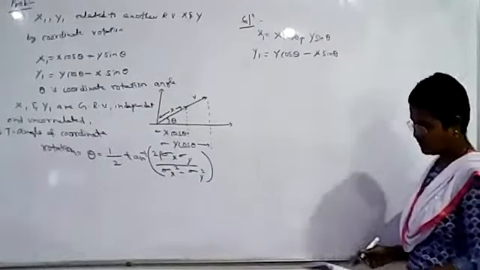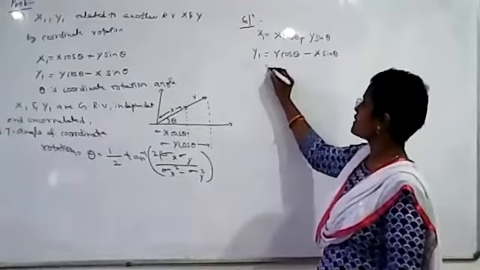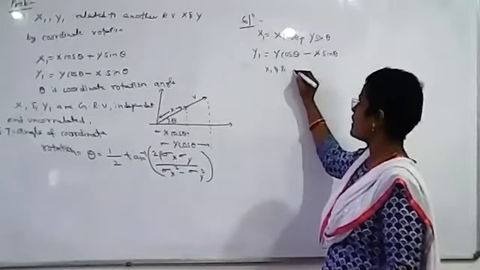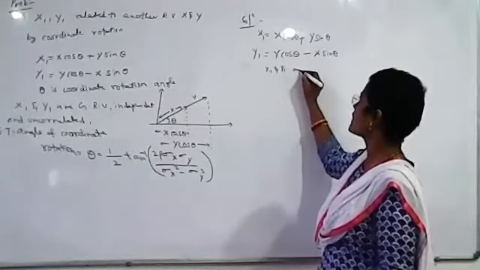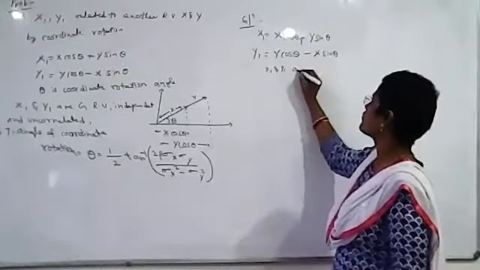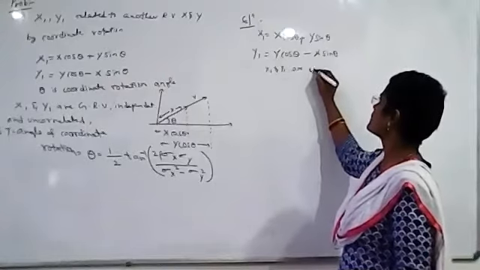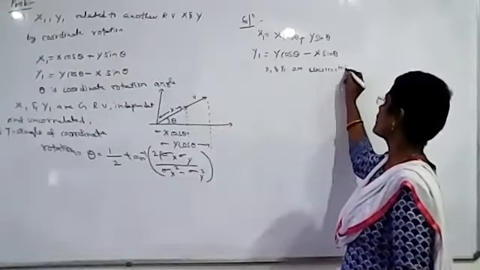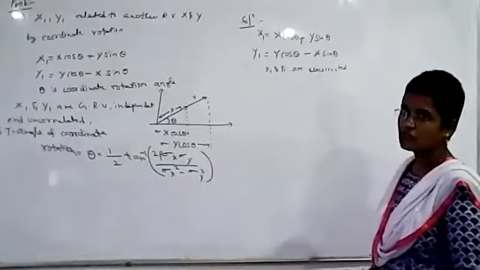Then what is given here? x1 and y1 are Gaussian random variables and are also uncorrelated. Okay, these are uncorrelated. So what is the correlation coefficient? The correlation coefficient will be 0.